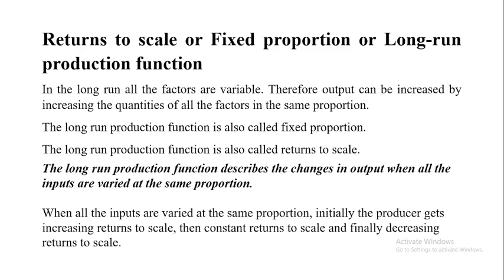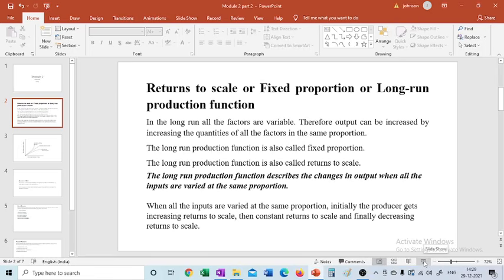Actually, we can represent increasing returns to scale, constant returns to scale, and decreasing returns to scale with the help of a tool named isoquants, but that we will study later. So properly these three returns to scale can be represented by isoquants only, so that we will do later. Now we are representing these three different returns to scale with the help of a symbolic diagram.